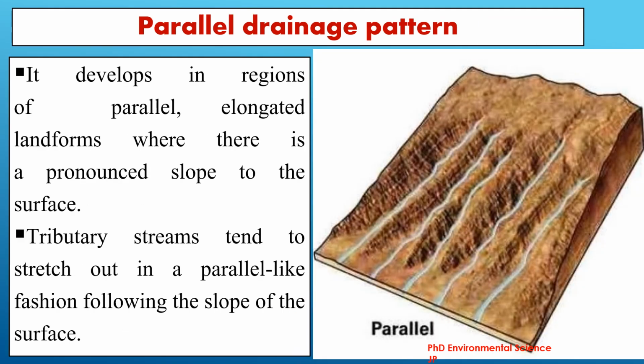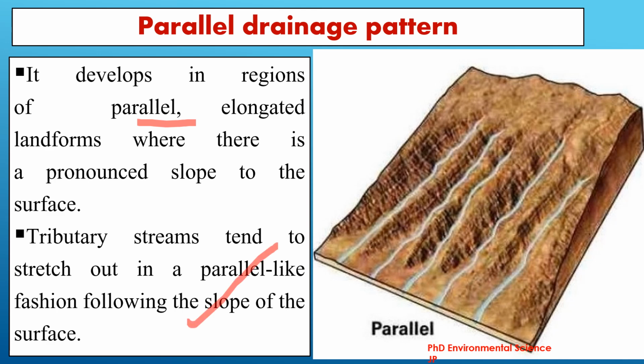Parallel drainage pattern. This pattern is characterized by streams and rivers that flow parallel to each other, resembling the alignment of parallel lines. In this pattern, the main rivers or streams run parallel to each other, often with little branching between them. Tributary streams also tend to align parallel to the main channels.